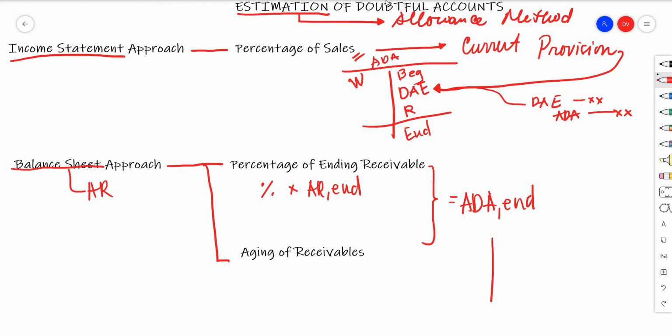Okay? So, this means that if this is your T account, allowance for doubtful accounts, beginning, write-off, recovery, doubtful accounts expense, and then ending, whatever you get in the balance sheet approach is the ending.